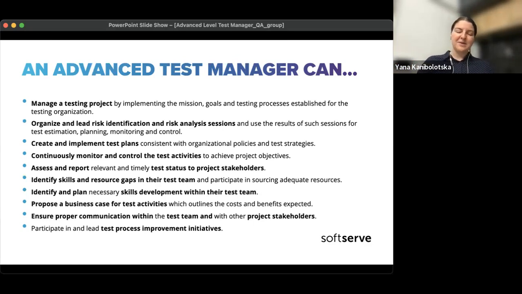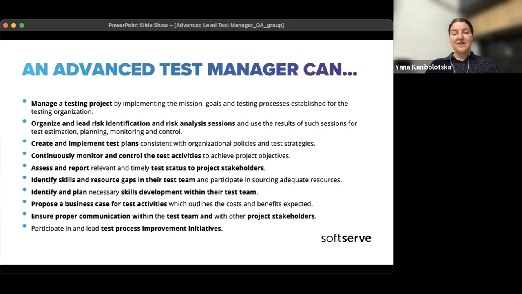Because business usually understands this money language, you as a test manager should be able to sell testing, calculate all this money and share it with stakeholders, because they don't usually understand general terms like improving quality. It means nothing to them, but saying you will save this amount of money, that will work.